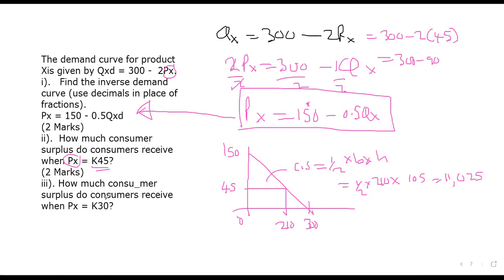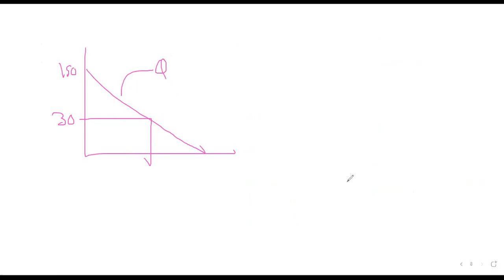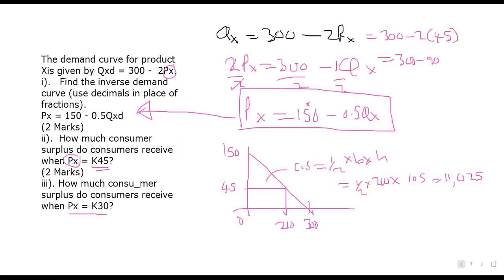The same now, what becomes the surplus when P is 30? You redo this whole process. Okay, we know this is 150. And here we're now asking about 30. Okay, so we know that you can use the Q formula. Q is equal to 300 minus 2px.